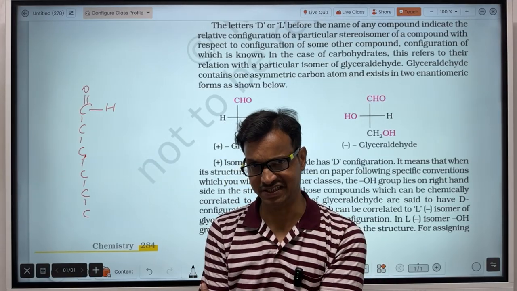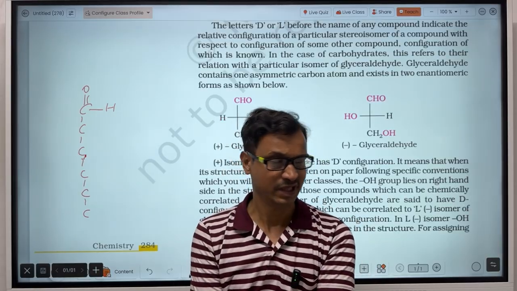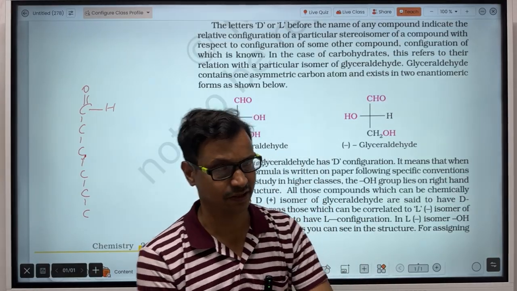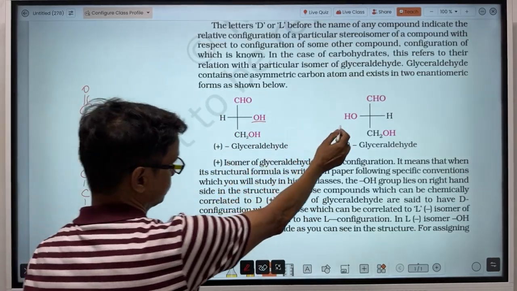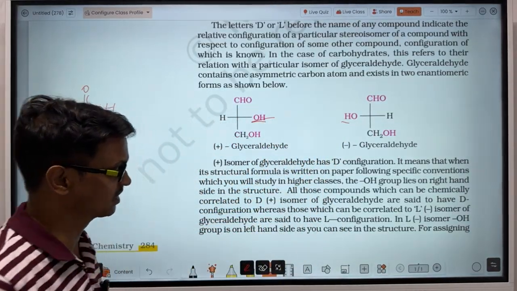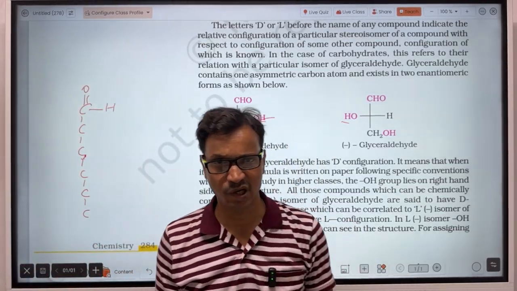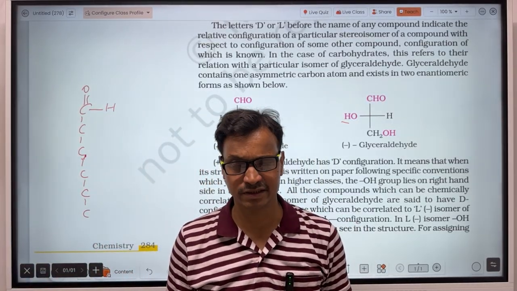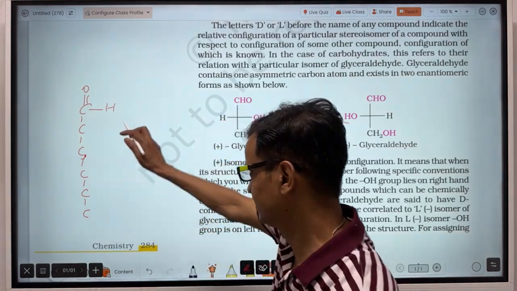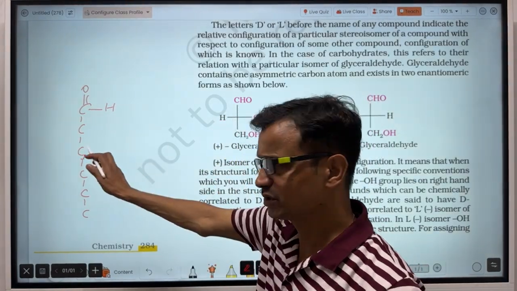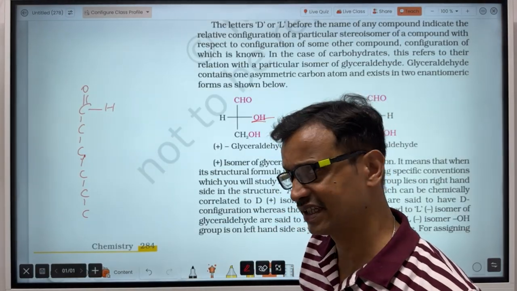Keep in mind in which direction you have to draw the OH group, as in glyceraldehyde, where OH towards left or right indicated whether the compound is dextrorotatory or levorotatory.